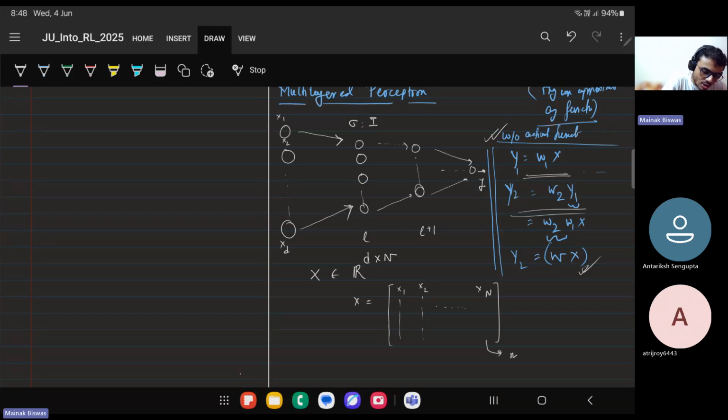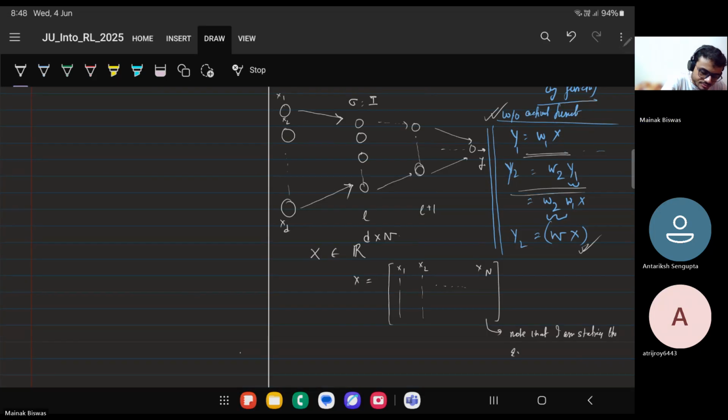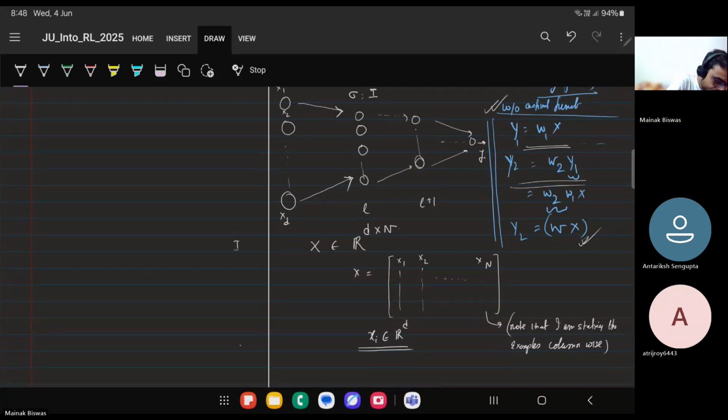Note that I am stacking the examples column wise. So each xi is in some d-dimensional space. Fine, so this is the input.